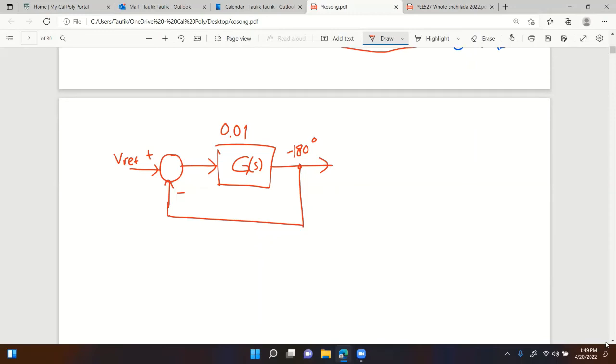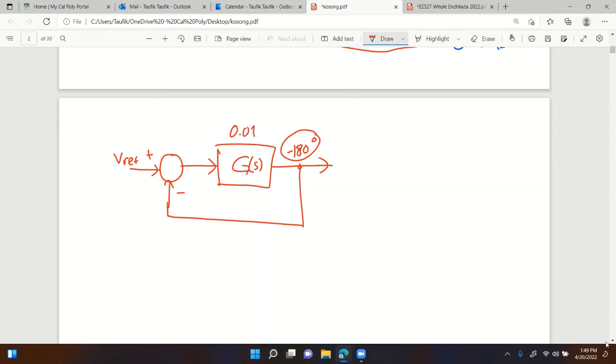Because anytime you add, remember 180 degrees when you close the feedback loop becomes addition. But even if you add the two signals, if the gain is very tiny, then it is possible you still have convergence on the output instead of divergence. Now it is a problem when the gain is 1 or larger. So let's just put 0.01 first.